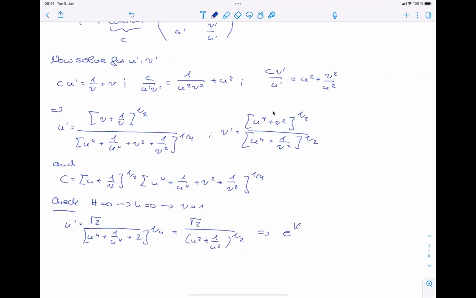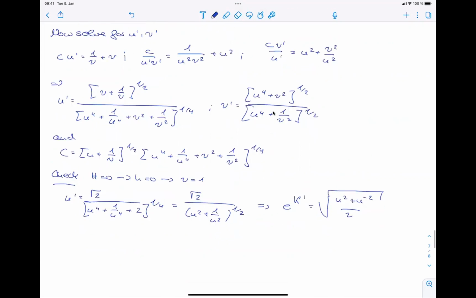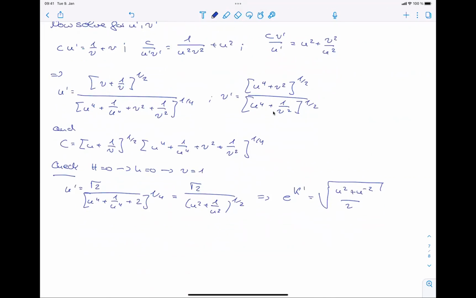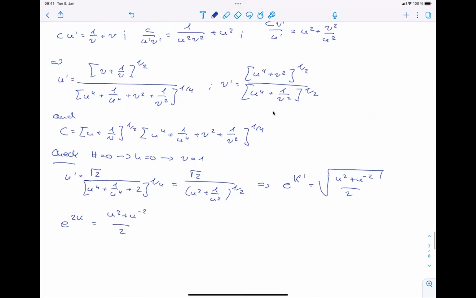So that's e to the k prime is equal to u squared plus u minus 2, which we can move, take the square on both sides to find u squared plus u minus 2 over 2.